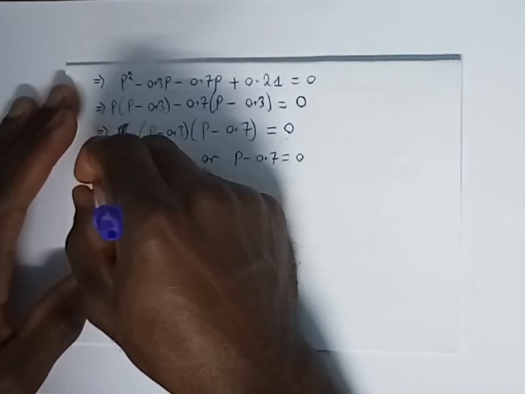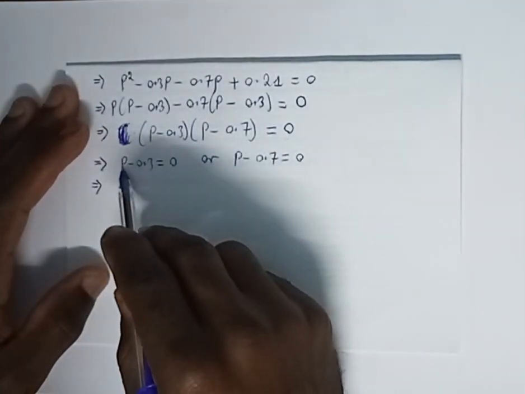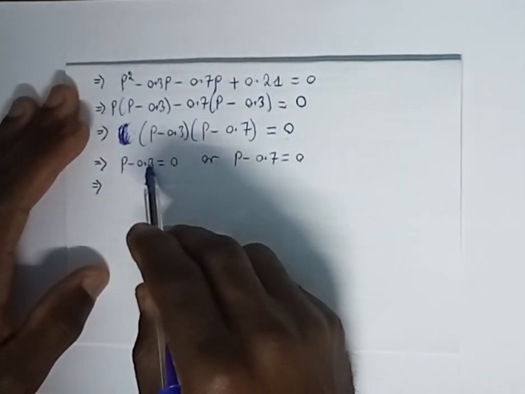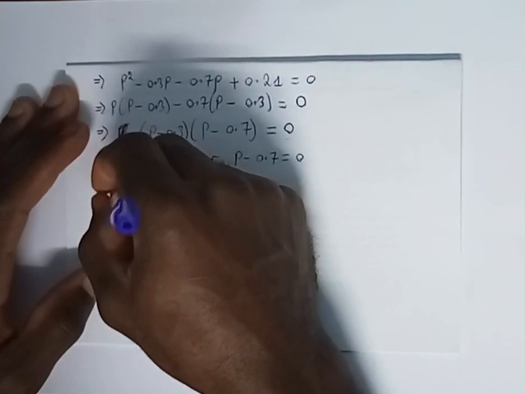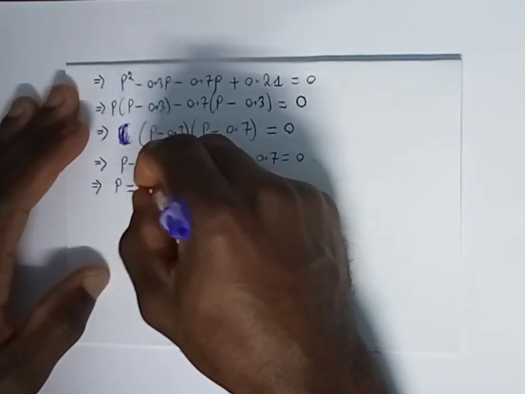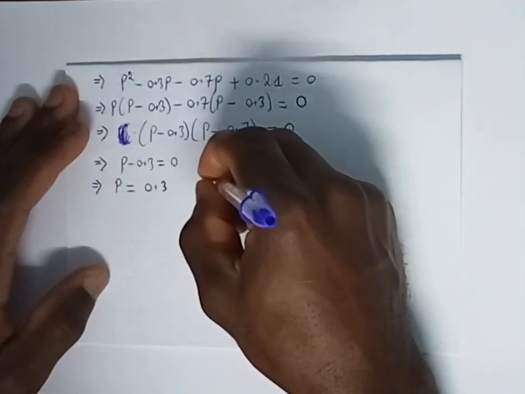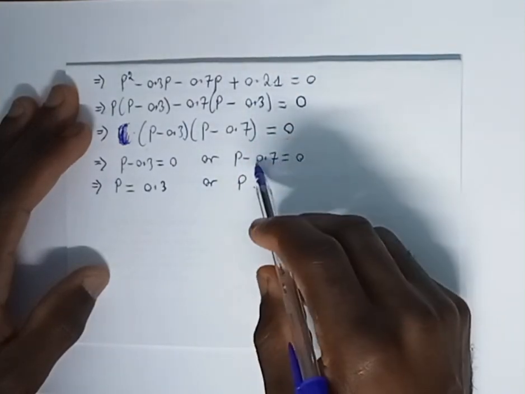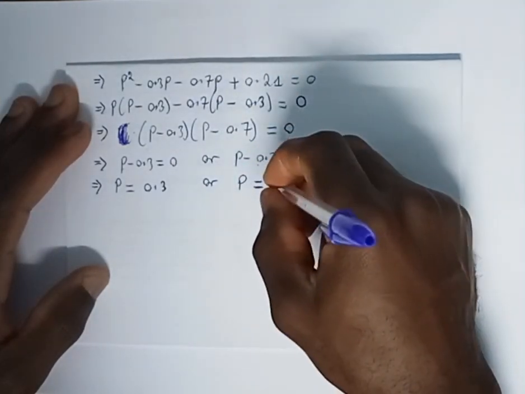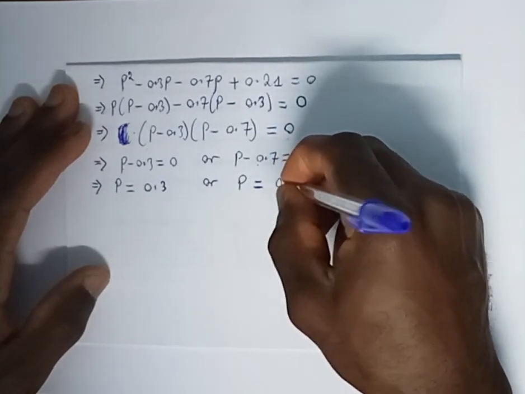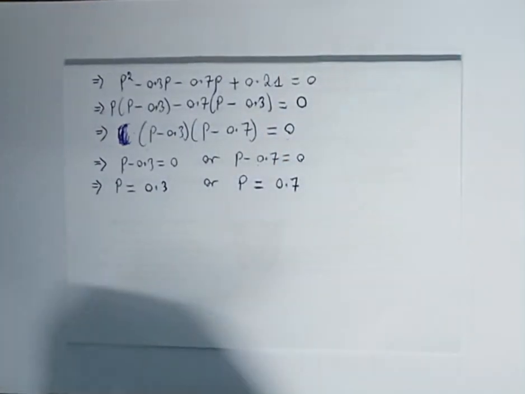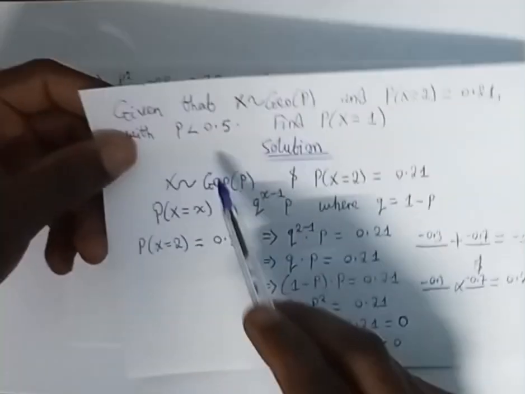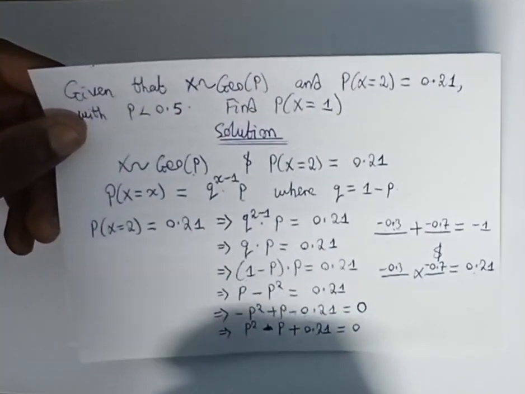We are to solve for P in these two linear equations. For the first one, we are simply going to transfer negative 0.3 to the right, which becomes positive. P will be equal to 0.3. Or for the next, P will be equal to 0.7, as we transfer negative 0.7 to the right, which becomes positive. Now, from the question, we have been told that P is less than 0.5.